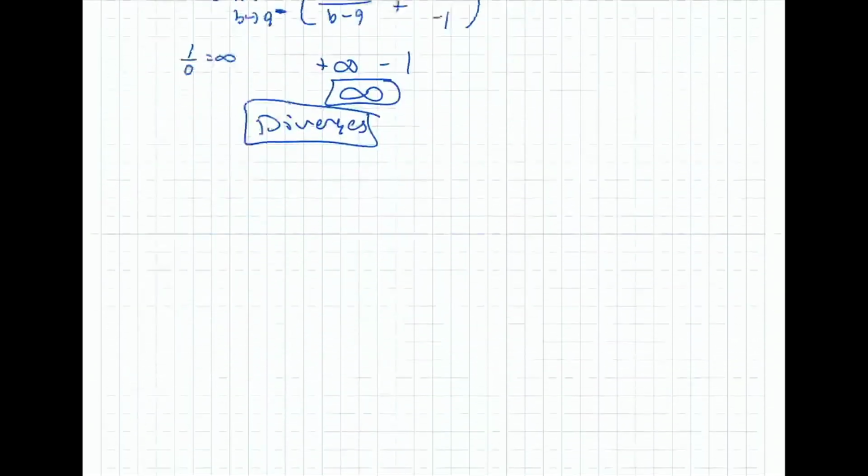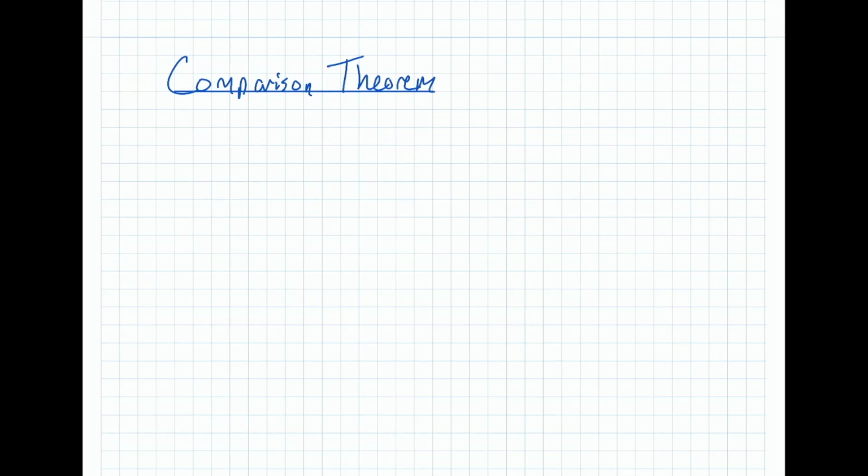So there's also, there's actually a limit comparison theorem and a comparison theorem, and I don't know if they're going to make us do both. They call it the comparison theorem, so I think maybe they don't. Oh, actually, before we do that, we can do it here.